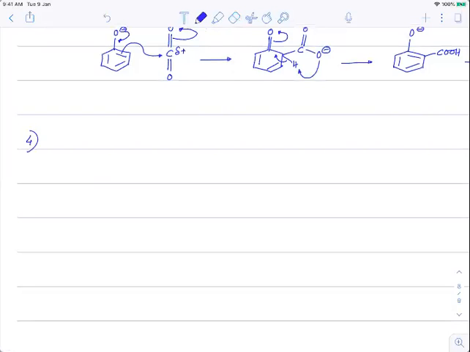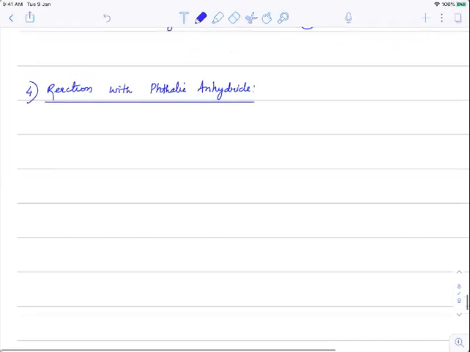Fourth, reaction with phthalic anhydride. So if I take phenol, for this reaction we require at least 2 moles of it.